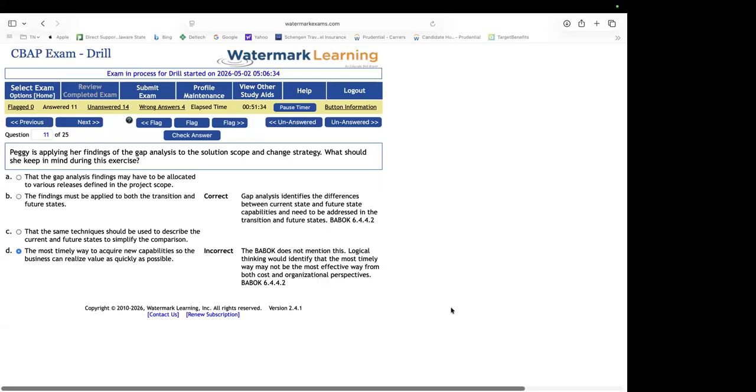Yes, I was just rereading the question, and the gap analysis is already done. The comparison between the current and future states is already done. Now they are using those findings in the solution scope and change strategy, meaning that the findings are applied to transition and future states.